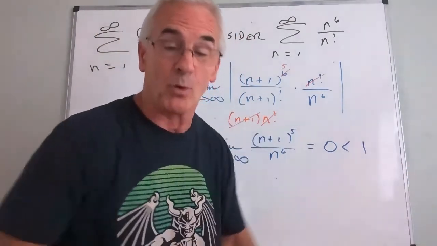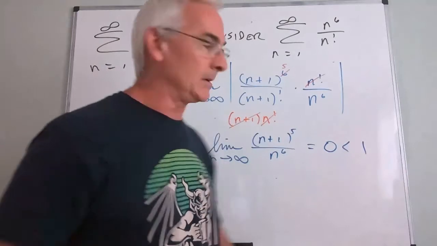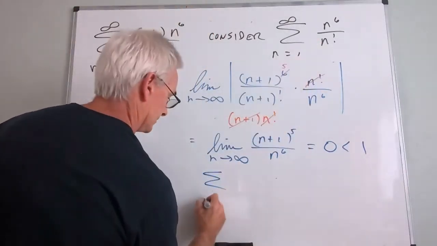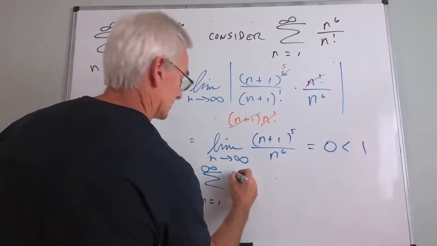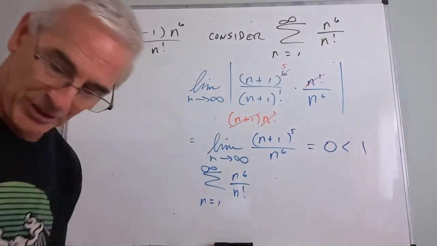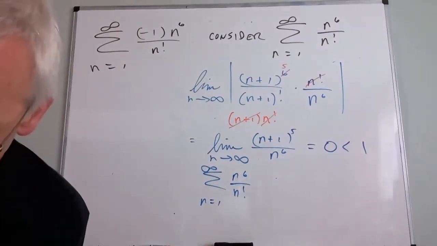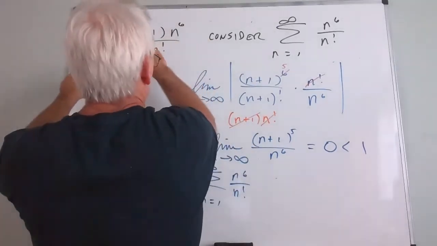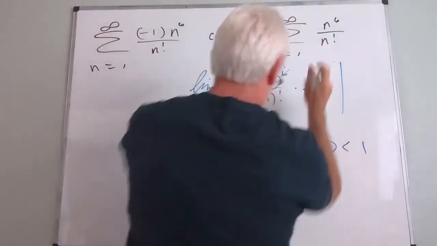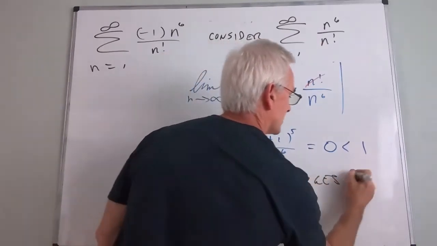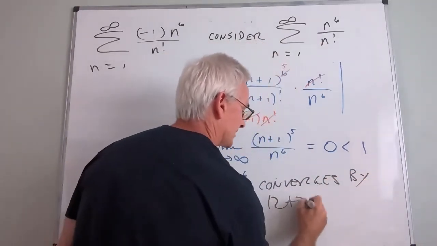The fact that it's less than 1 means this series, finish the conclusion for me, converges by the ratio test. Perfect. I can't make my conclusion on this one until I finish my conclusion on the previous one. This one converges by the ratio test.